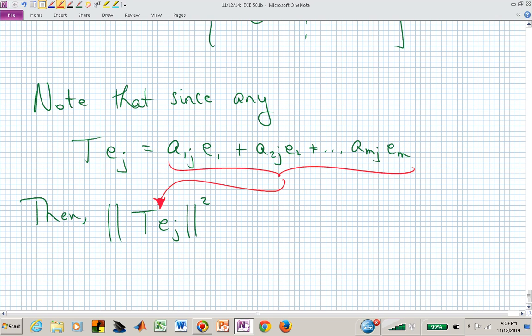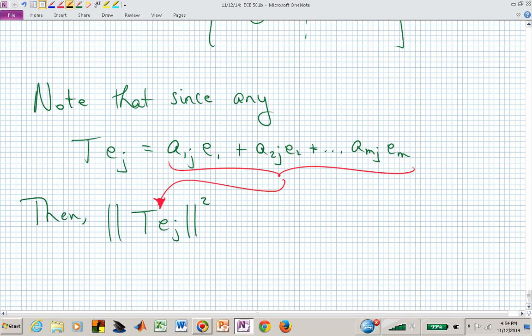We now have a linear combination of orthonormal vectors. These orthonormal vectors, what are the lengths of those? They're 1.